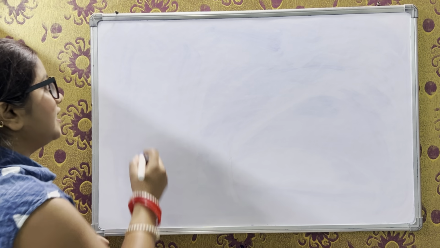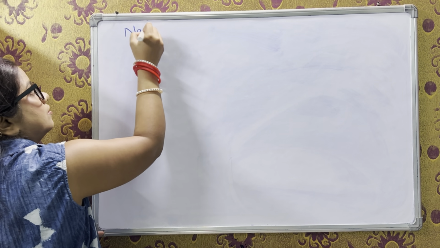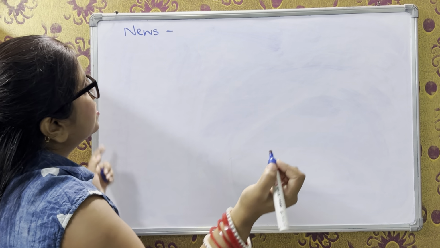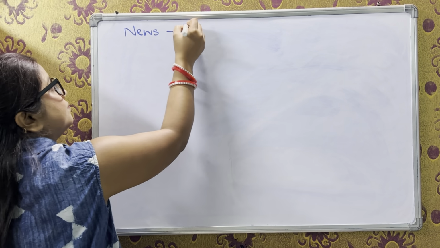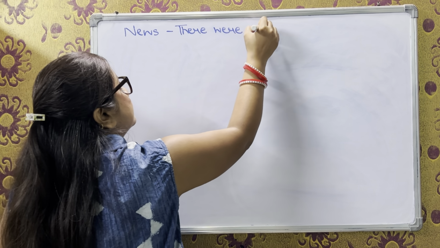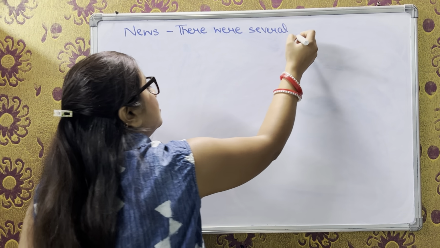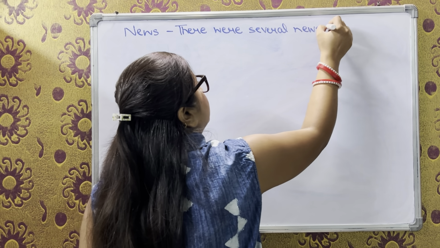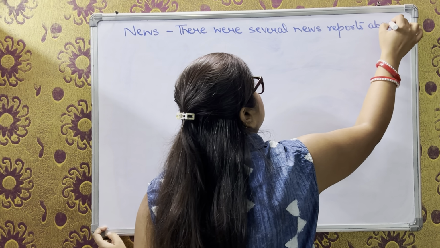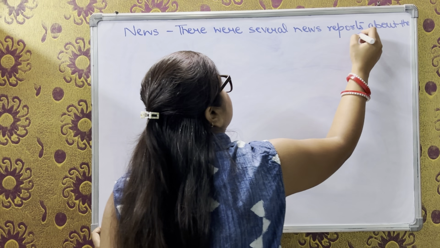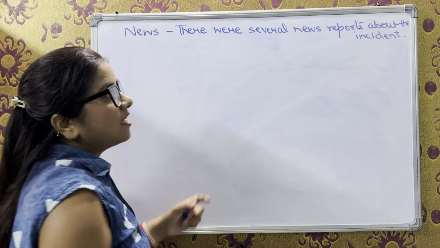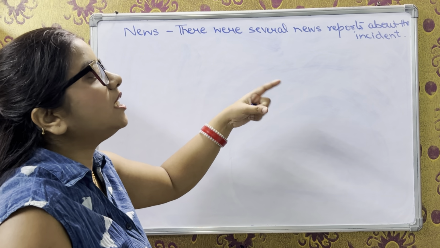The next word is news. News is an uncountable noun and we can make a sentence using news: there were several news reports about the incident.